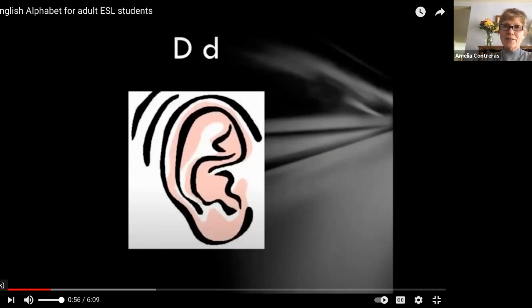Okay, here you have two different pronunciations. Each letter begins with the letter name, and the person speaking says that twice. And then you come to a frame with an ear, and the letter is pronounced not as you would recite it in the alphabet, but as it would sound in a word.